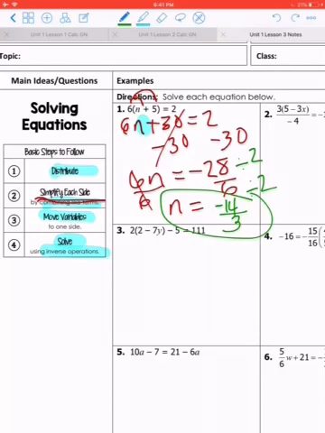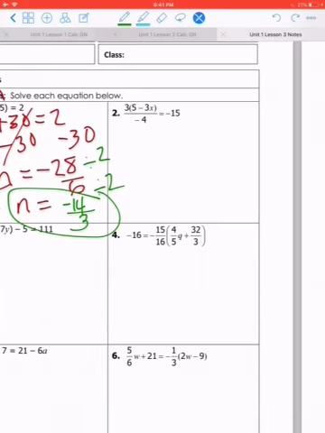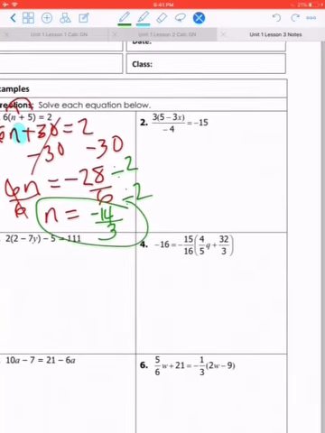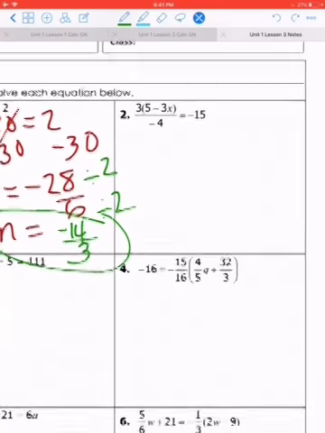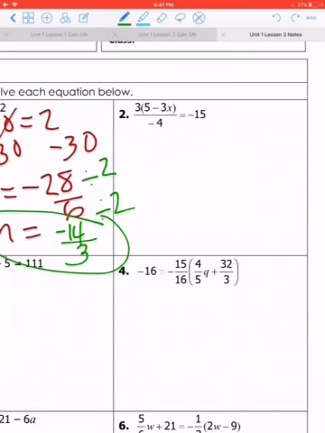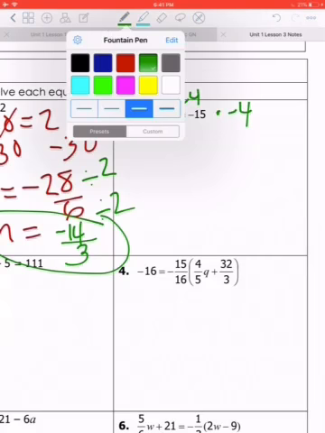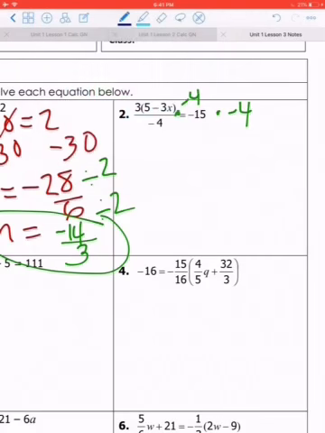Okay, so let's go to number 2. You see a fraction here. The first thing I'm going to do is get rid of that negative 4 on the denominator by multiplying by negative 4. So I'm actually not distributing first, even though that's the first step listed, okay? But let's cancel that and it'll make it a lot easier.